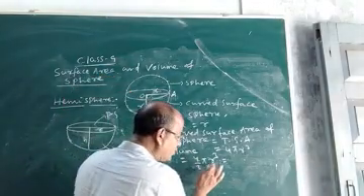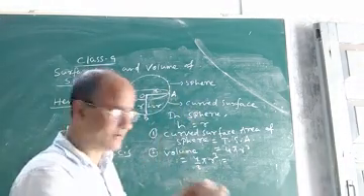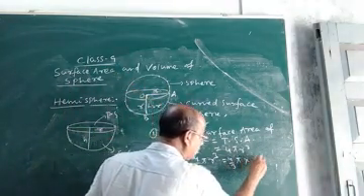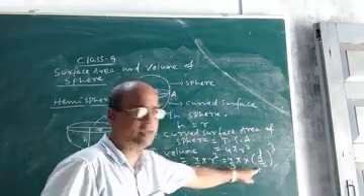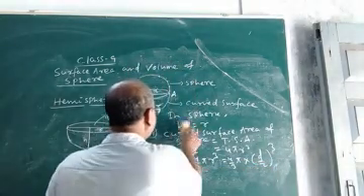As you know the relation between radius and diameter, r is half of d. So in place of r, you put 4/3 pi into d by 2 whole cube. In place of r cube, you write d by 2 whole cube, and now you simplify.